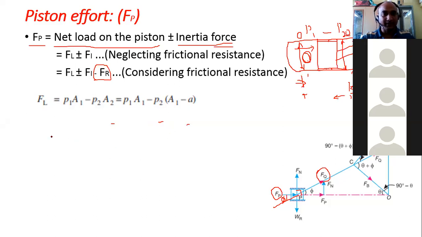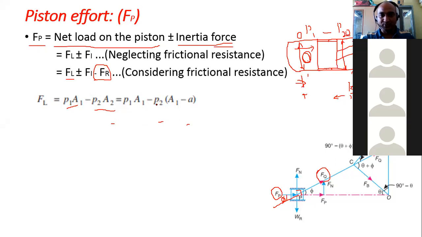Fl, which we are considering here as the net load, is equal to the force due to pressure P1 into cross section area A1, that is the load. So P1 A1 minus P2 A2, from the other side.